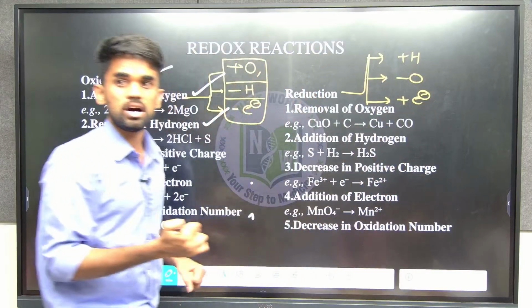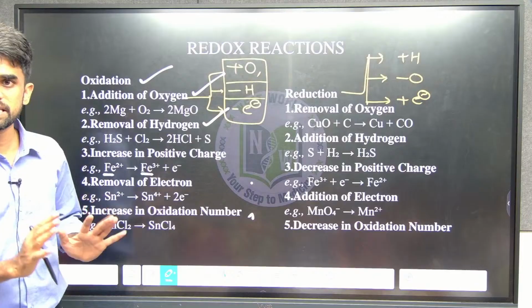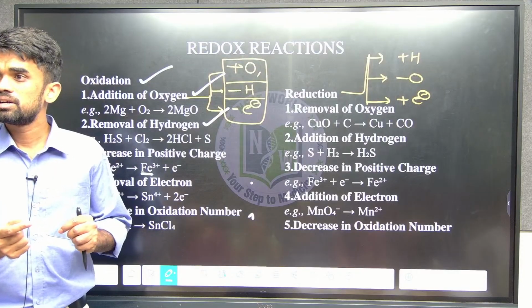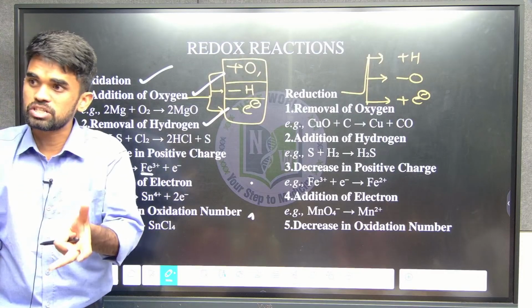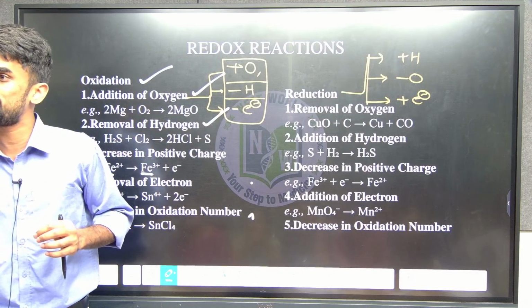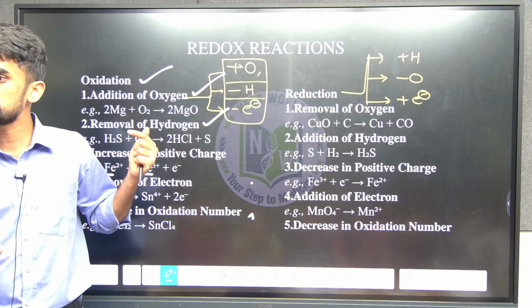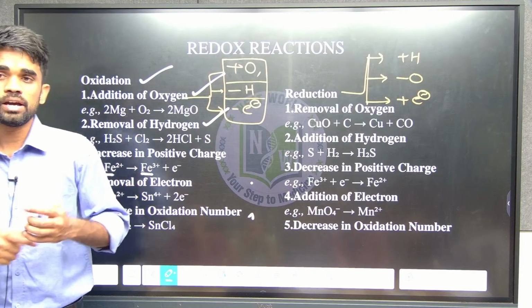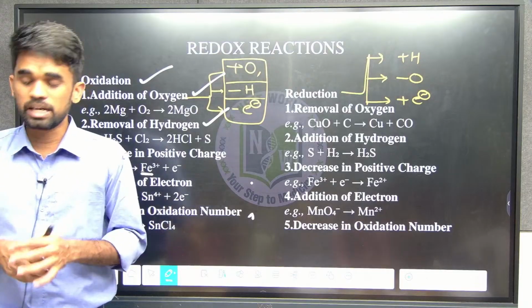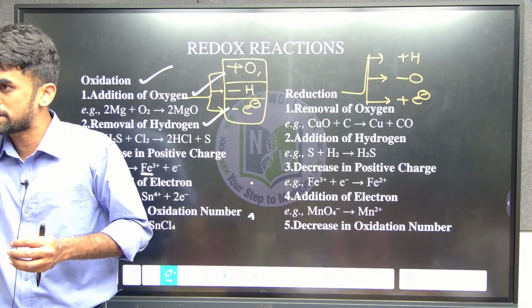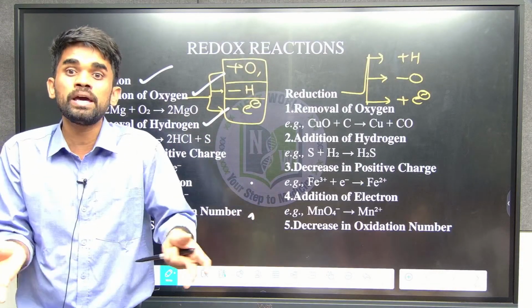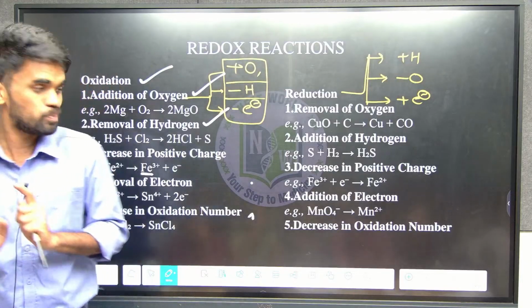These 3 methods are called reduction. Now we are going to study redox reactions, which means both oxidation and reduction are involved in that reaction. During oxidation, electrons will be lost. During reduction, electrons will be gained. In a redox reaction, the number of electrons lost in oxidation will equal the number of electrons gained in reduction. So both should be equal in a redox reaction. Remember this point, very important.